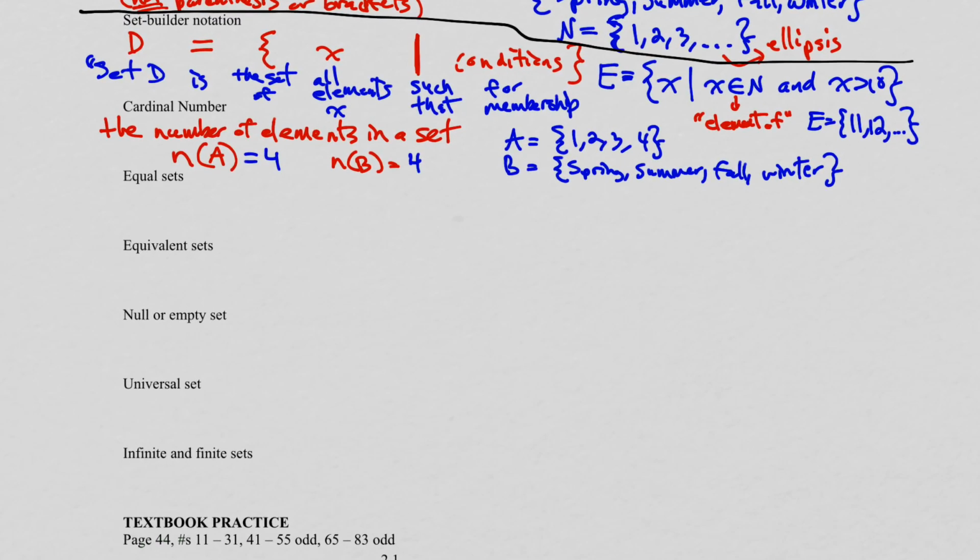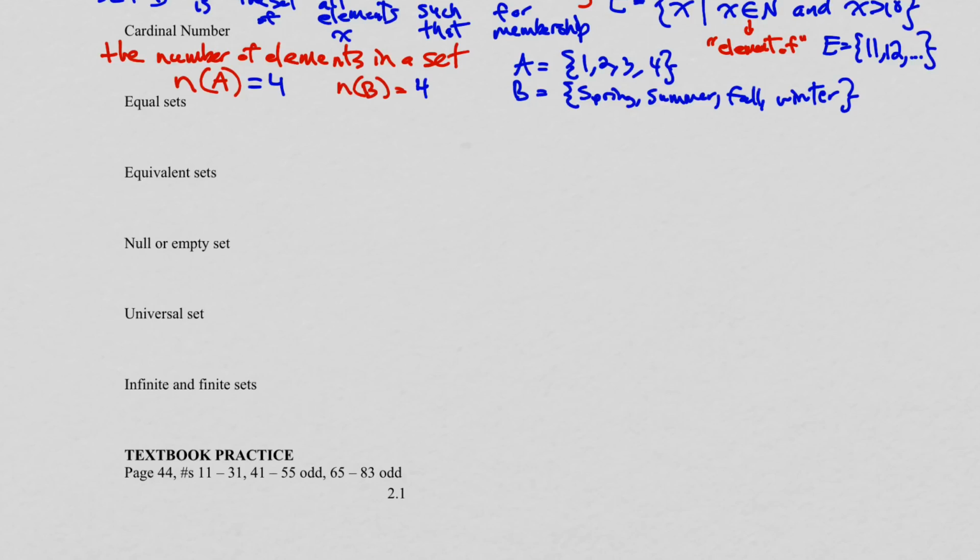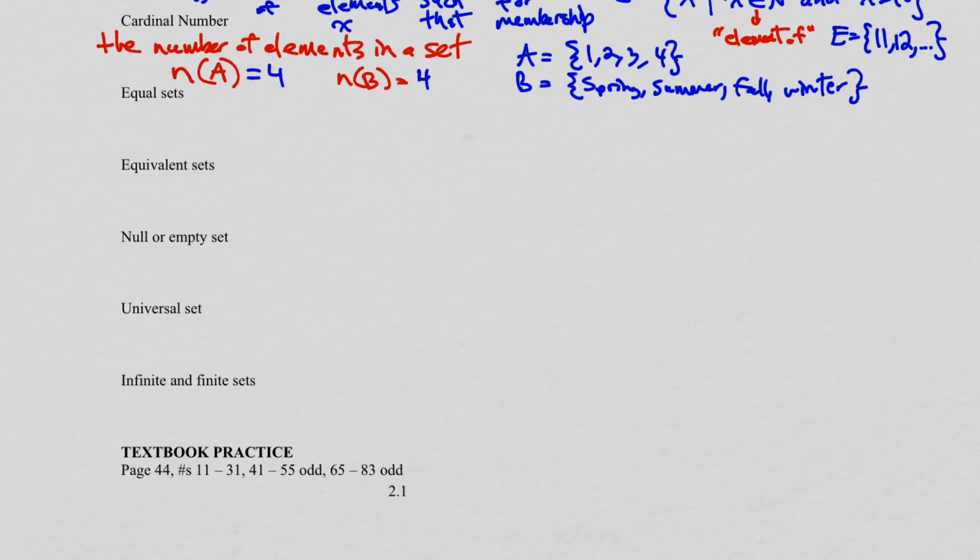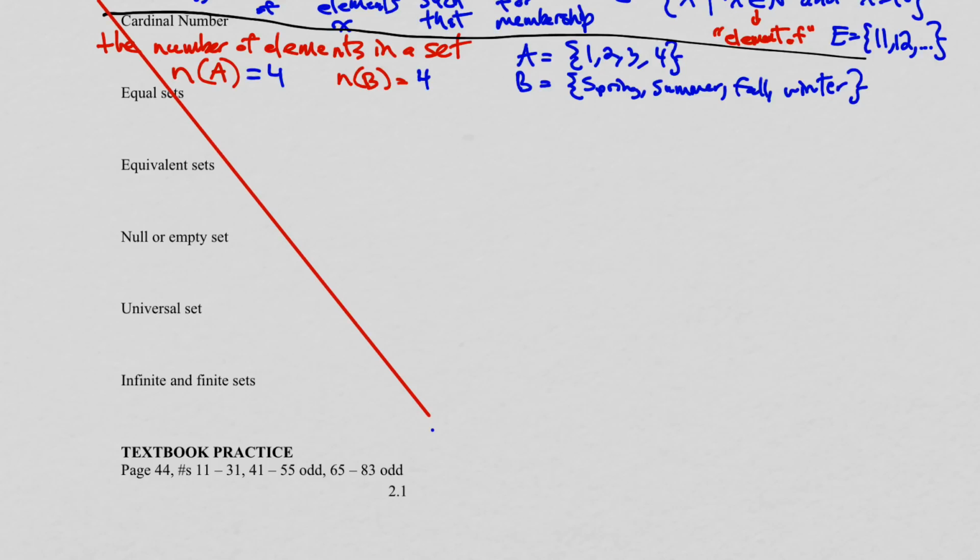Now let's talk about equal sets. So equal and equivalent sets. Equal sets would be sets that contain exactly the same elements, okay? Let me go back.